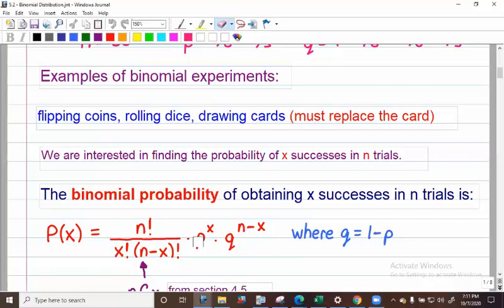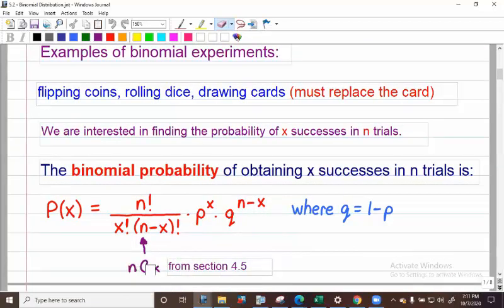But anyway, the first part of this formula is that C N X, or N C X, however you want to write it. That's the formula we saw last week. I believe that was the last of those counting rules, counting rule number 5, how to find the combinations, because the order doesn't matter. So if you're trying to measure X successes in N trials, the order they occur doesn't matter.